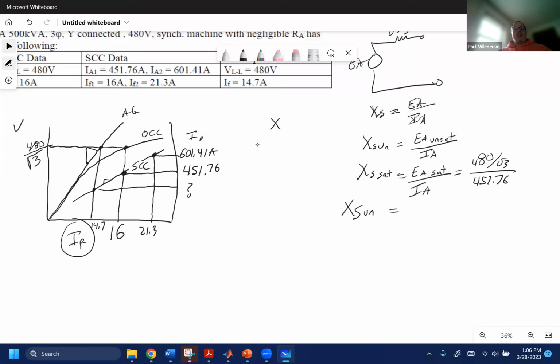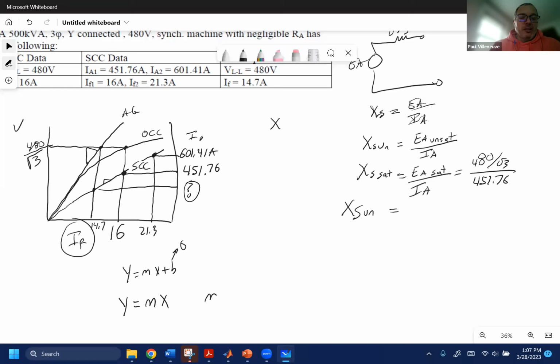So any ideas how to solve for that question mark? Remember, this eventually gets down to 0 at some point. Calculate the slope of the short circuit line. Exactly. Y equals mx plus b, and b is equal to 0, so that goes away. If I know the slope of the line and I want to calculate y at 14.7 milliamps, I have to calculate the slope.